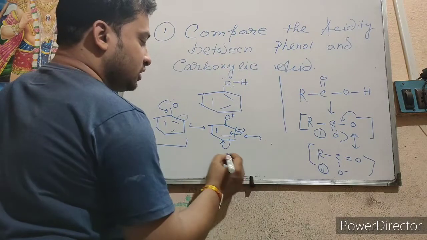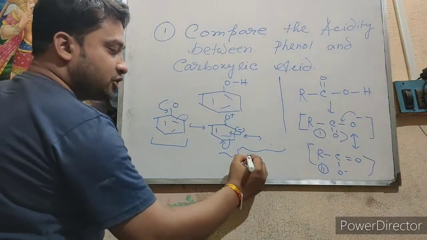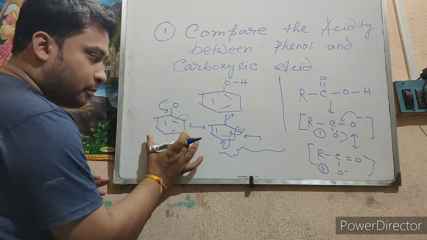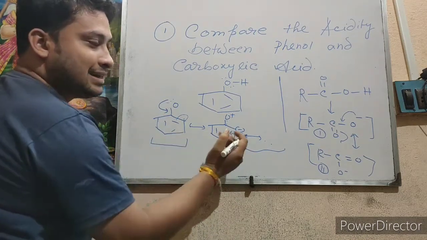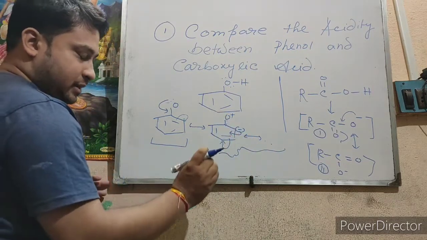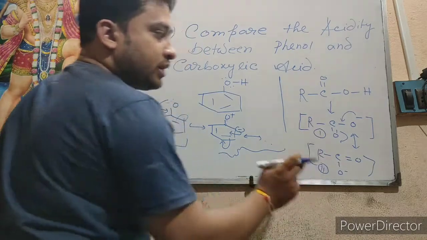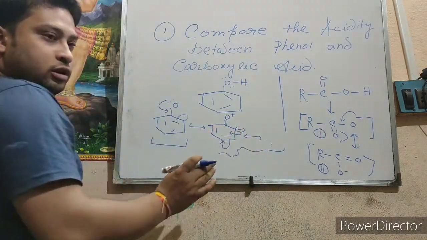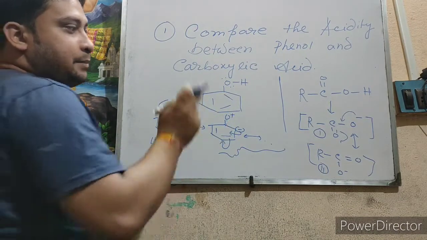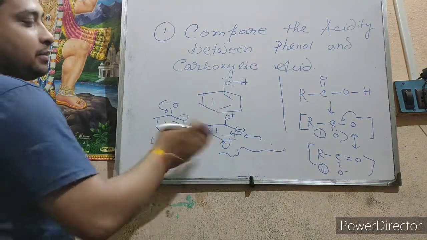So for those resonating structures which you will get, the participation is not maximum. The participation of this structure is maximum, but the other structures do not participate like this. But in carboxylate there are 2 resonating structures, and both participate maximally. As the participation is maximum, it shows more acidity compared to this.